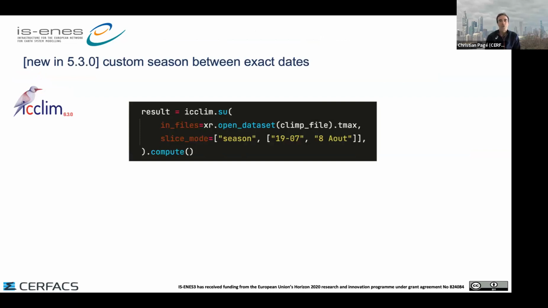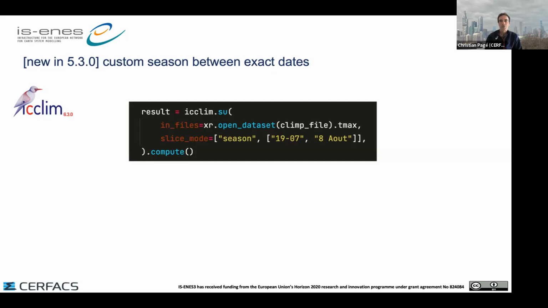In 5.3.0, custom seasons between exact dates were introduced. This is mainly for applications, for example, in agriculture, where you can have specific seasons from mid-May to mid-September, or other dates. This is just one example to show that we can use slice mode to specify the season. So we calculate only for this season.